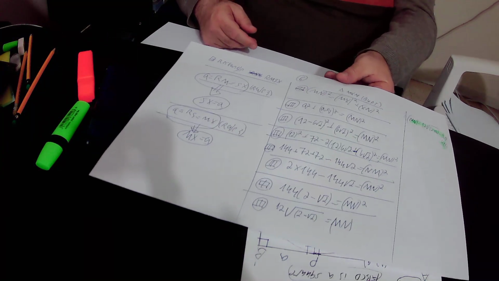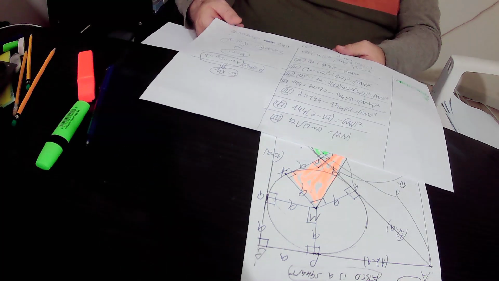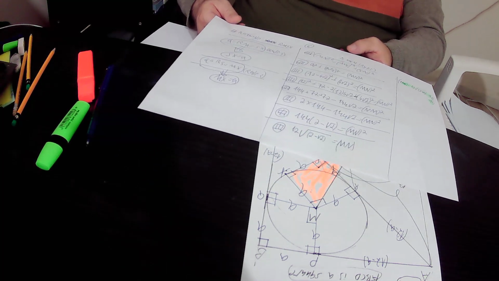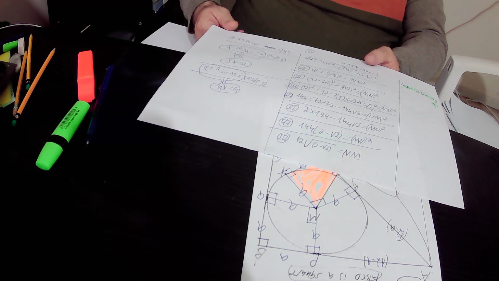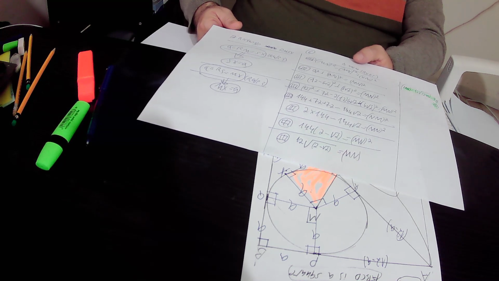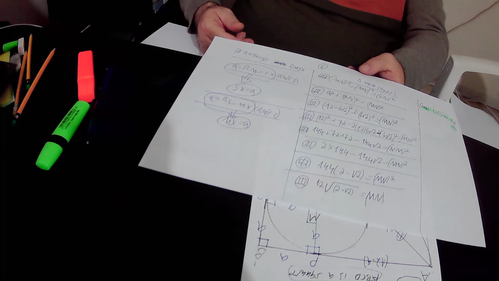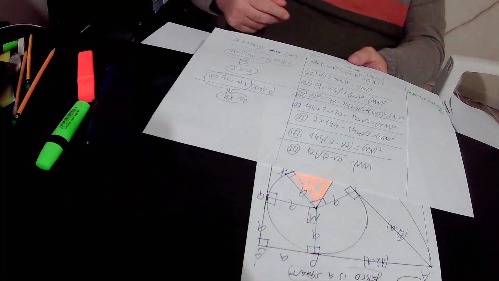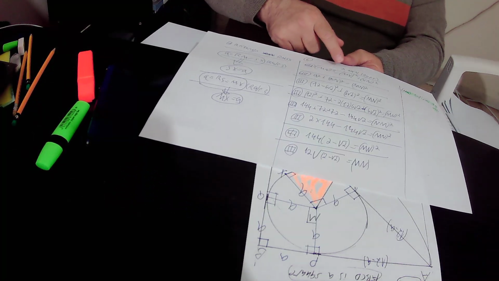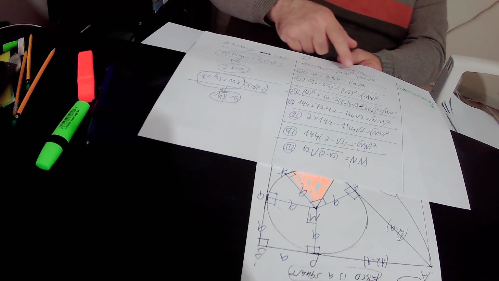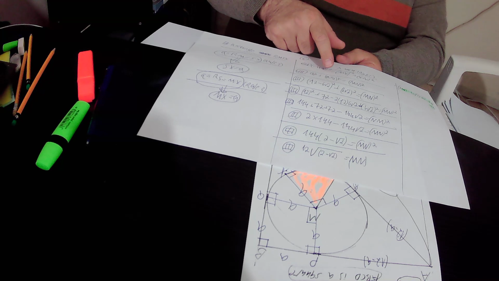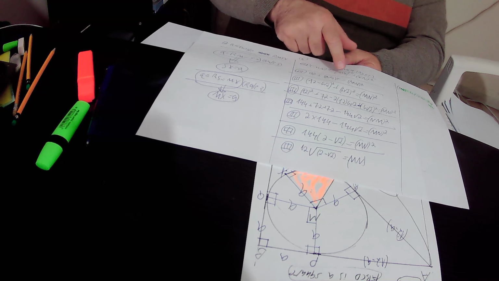According to the Pythagoras theorem on the orange right triangle MXN, MN square, the square of the hypotenuse, equals MX square plus XN square, the sum of the squares of the perpendiculars. MX is equal to A, so MX square is A square, and NX is equal to A plus B, so XN square is A plus B square.